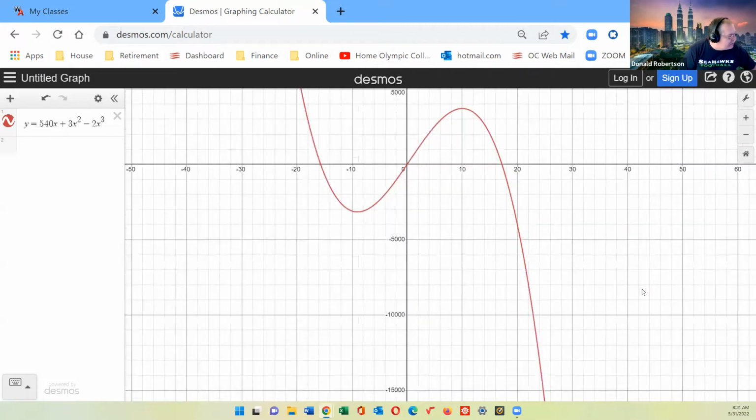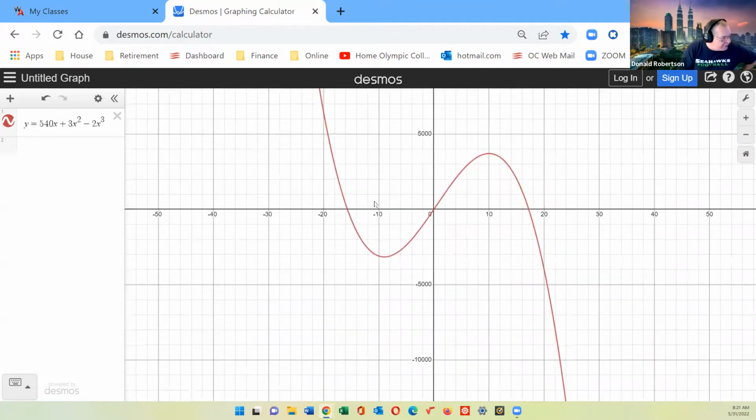Now, let's see if we've got all the features. Can you see that guy there? Doesn't he kind of match the local min? That guy there's the local max. Can you see the concave up and the concave down? Can you see the transition point at the origin? Pretty much everything that we did, isn't it matching exactly what the graph said it should be?